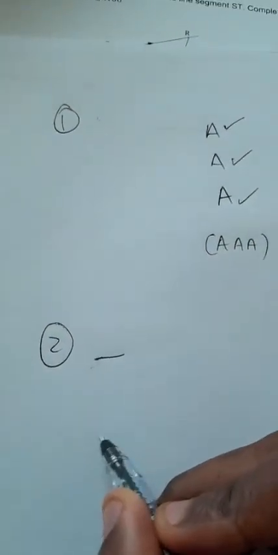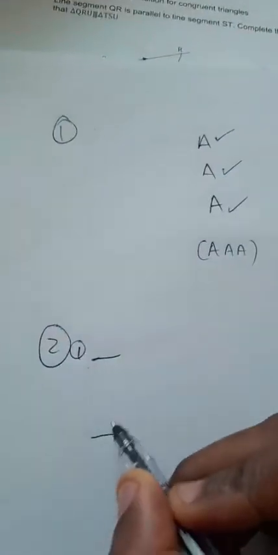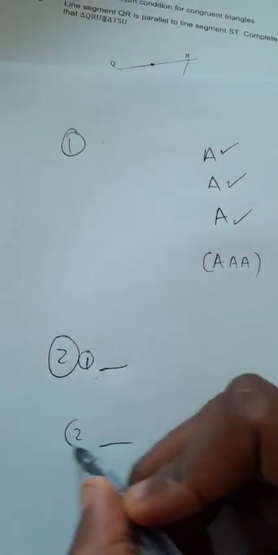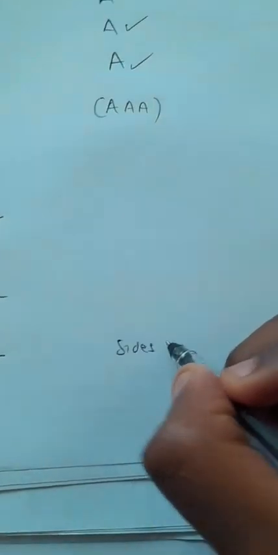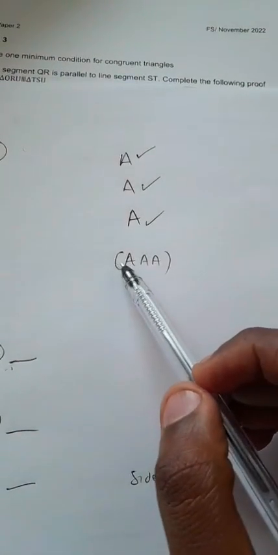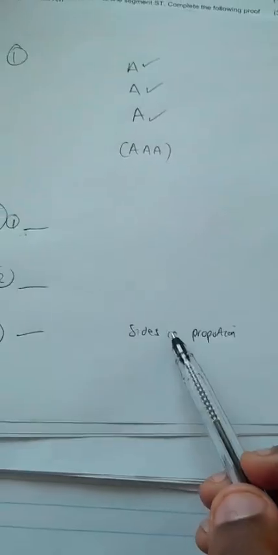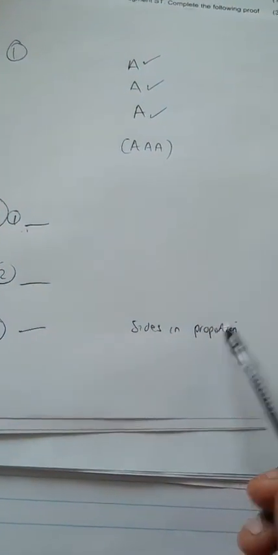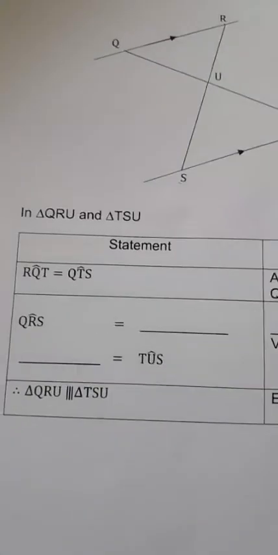Or you can prove that the sides are in the same proportion. 1, 2, 3, right? Sides in proportion. Those are the 2 cases of similarity. This is very important to note, the 2 conditions that basically apply to similarity.